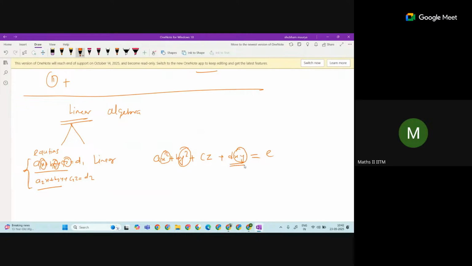This is a degree 2 term. These separate pieces are called terms, and the terms are added by the addition sign plus. And these are called coefficients; this a is called a coefficient. These are called variables, similarly this one and this one.